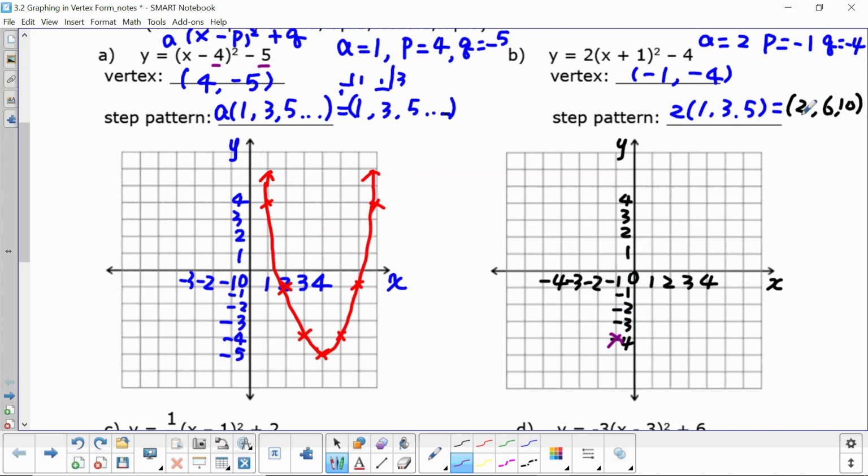Then right: run 1, rise 2. Then right 1 up 6. So 5 points is enough. Then left 1 is symmetric, so left 1 up 2, left 1 up 6. Then we are going to connect the points.